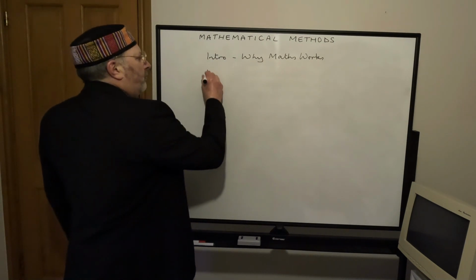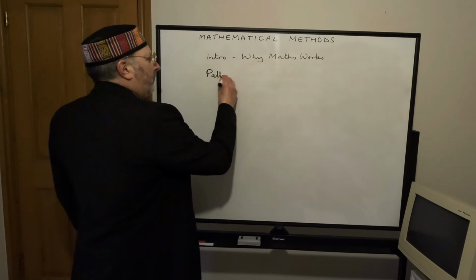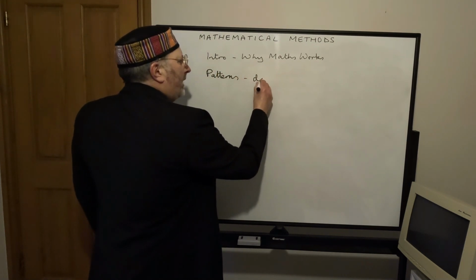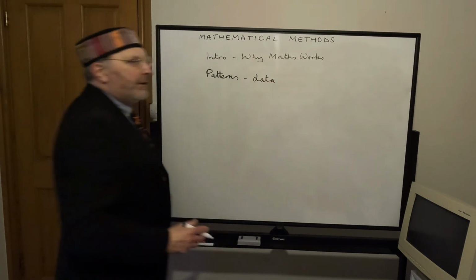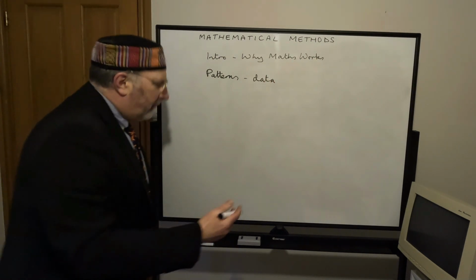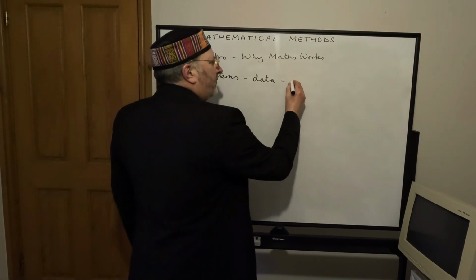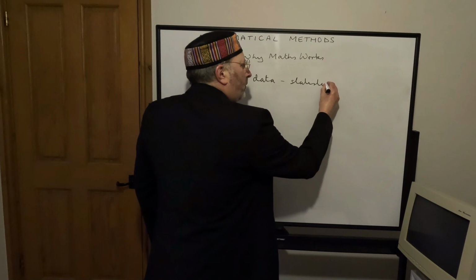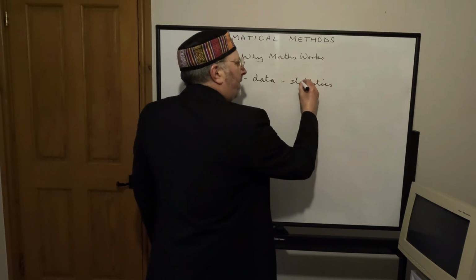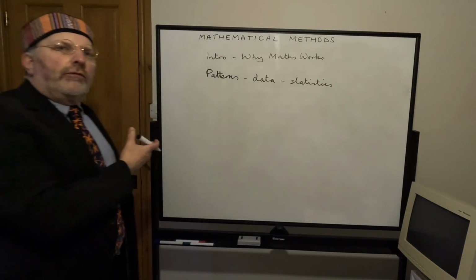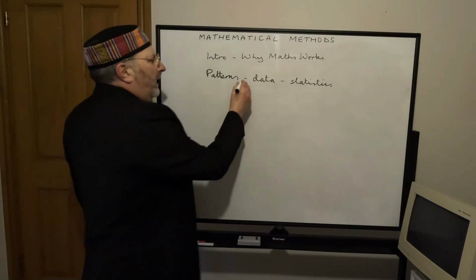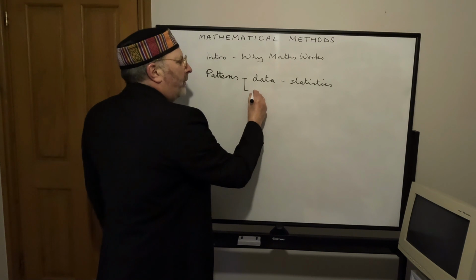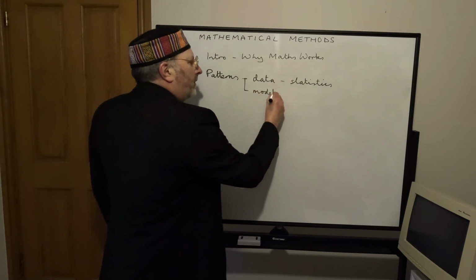So in theoretical history, we're looking for patterns. And that means we're collecting data. And so that leads us into the methods of data science and statistics so that we can analyze our data and understand what it's telling us. And secondly, we're trying to explain those patterns with models.